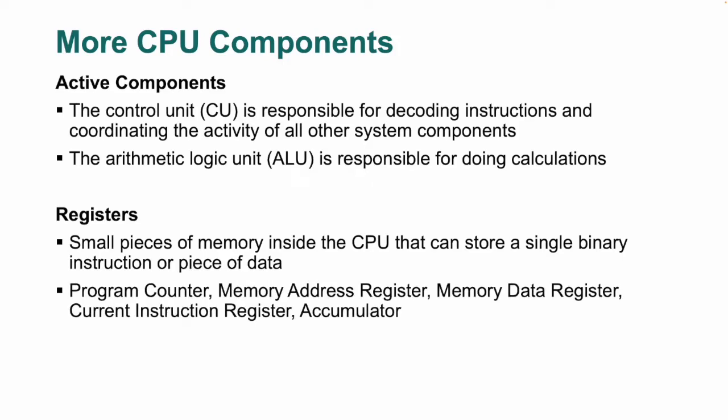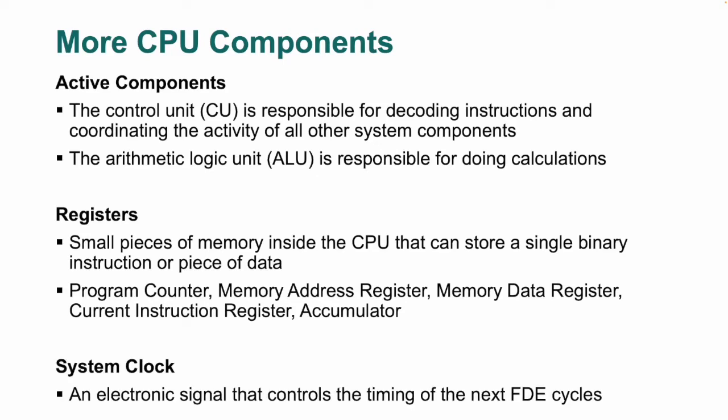There's a bunch of different registers you need to know the purpose of, and here are their names. I'm not going to give you the definitions right now because we're going to walk through an example first so I can show you how they work, because the definitions alone are kind of hard to figure out. And the last component on this slide is going to be the system clock, and this is an electronic signal that controls the timing of the next Fetch-Decode-Execute cycle.